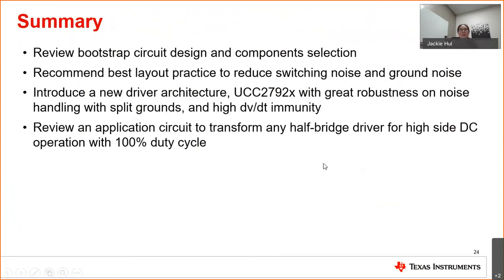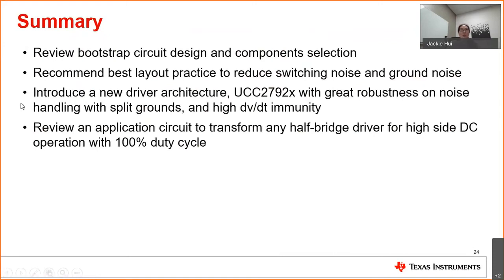So this wraps up our presentation for today. In summary, we reviewed the bootstrap circuit design and its component selections. We also discussed the best layout practices to reduce switching noise and ground noise.